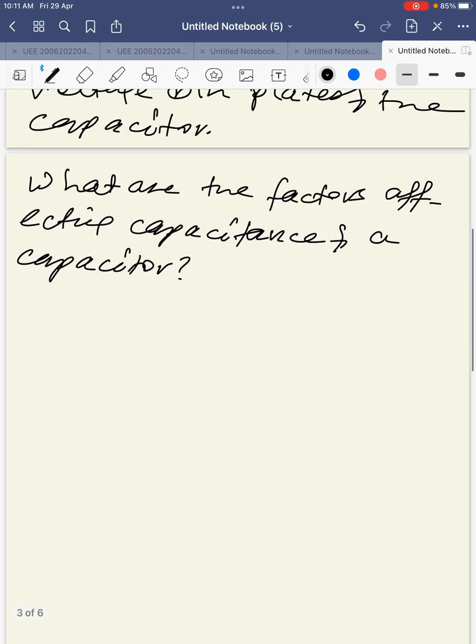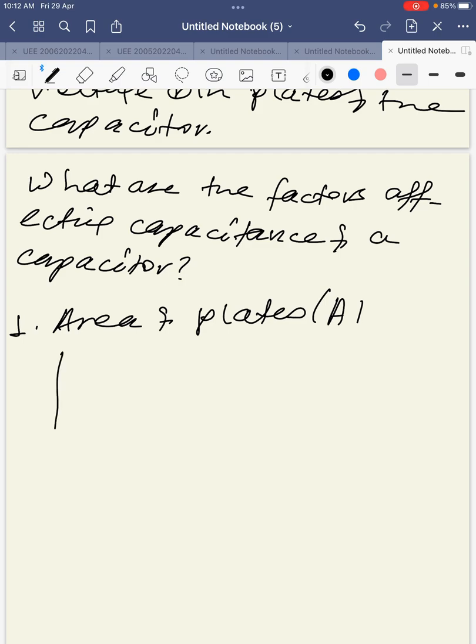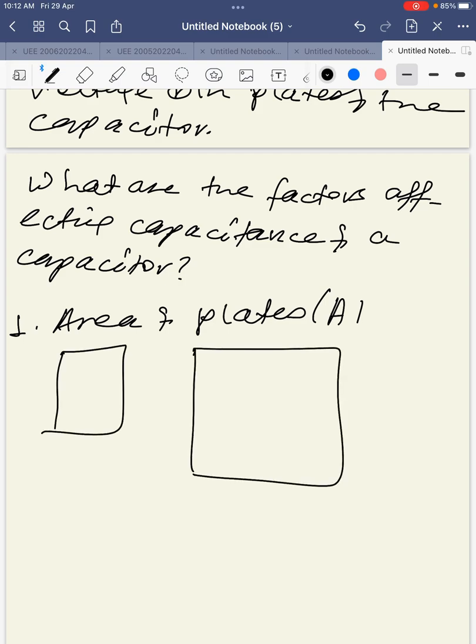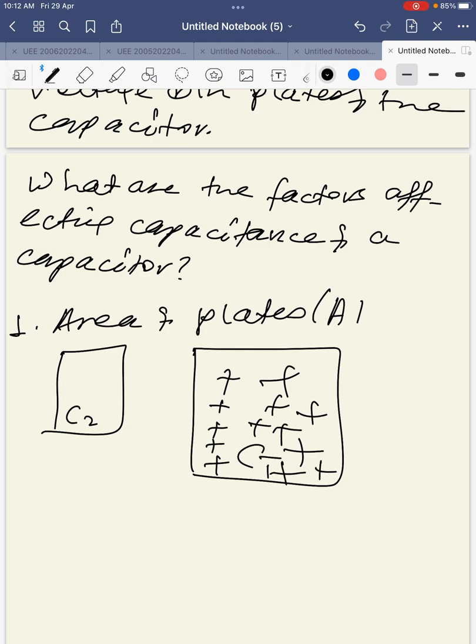Okay, let's see. One is area of plates. That is A. As you increase the area from this to this, its ability to store charge increases. C1 and this one is C2. Therefore, a lot of charge is stored here because it has so many spaces to store charge.